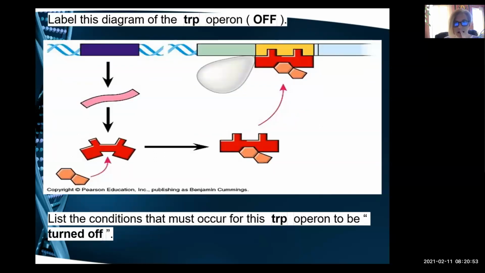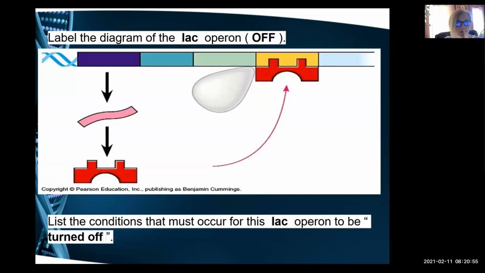So this is our Lac Operon. Same thing, regulatory gene, mRNA, repressor, polymerase, operator. So if this repressor is bound, is lactose present or not present?